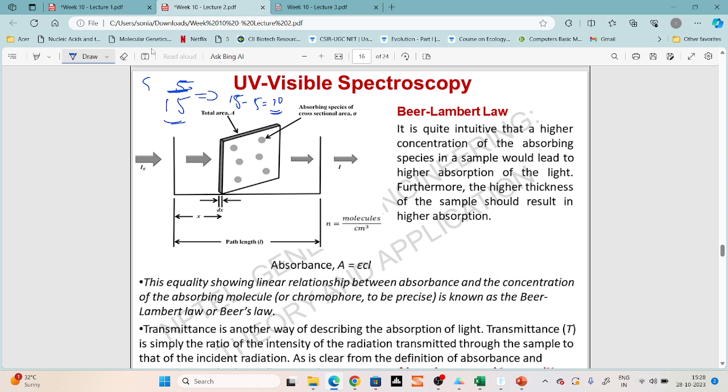This is Beer-Lambert's law, which says absorbance is directly proportional to concentration. When you remove the proportional sign, you put in the constants, epsilon and l. Epsilon is the molar extinction coefficient and l is the path length, which is measured in centimeters.